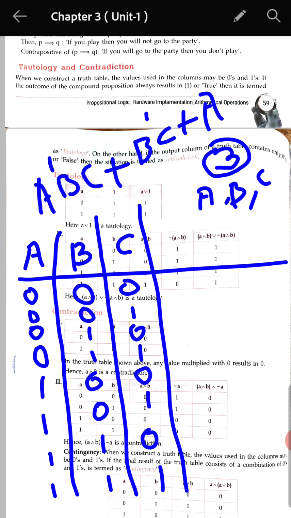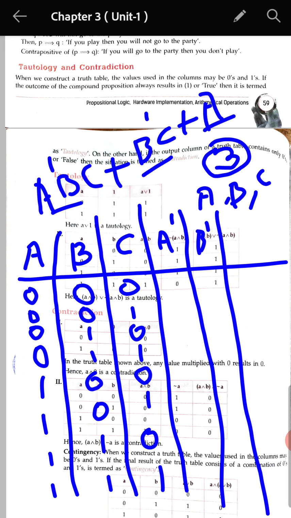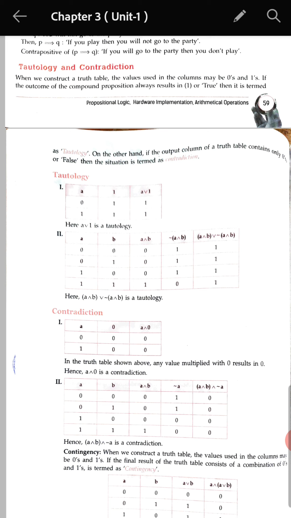And then you have to find, first of all, a dash, then b dash, and then you are going to use these things: a dash bc, then b dash c, and then you have to find the addition of all of them together here. In this way you have to create a three variable truth table.